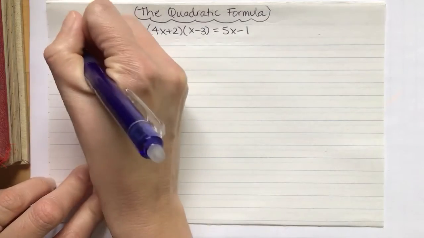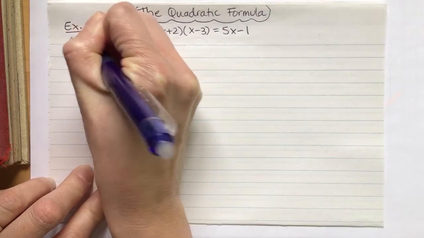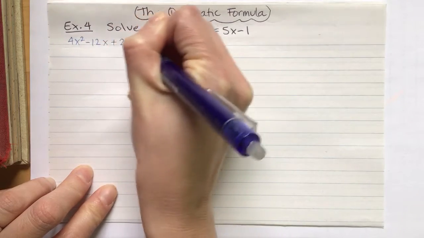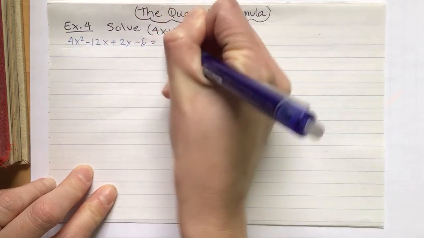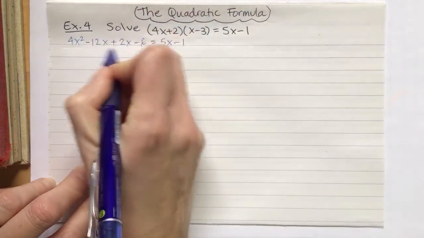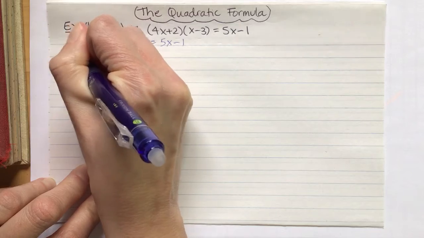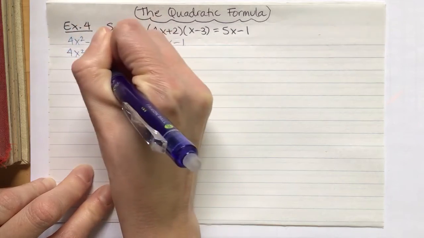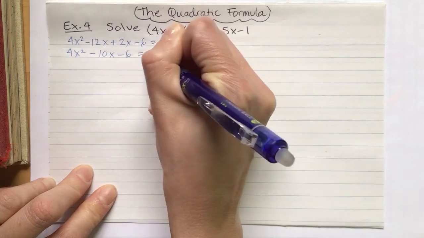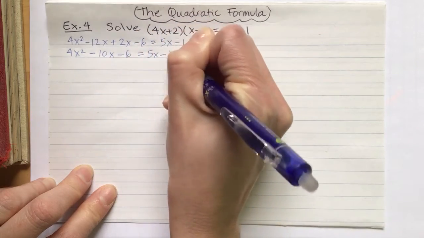So to expand, we get 4x squared minus 12x plus 2x minus 6, and that is equal to 5x minus 1. Okay, we're going to add those two terms together here. 4x squared minus 10x minus 6 is equal to 5x minus 1.